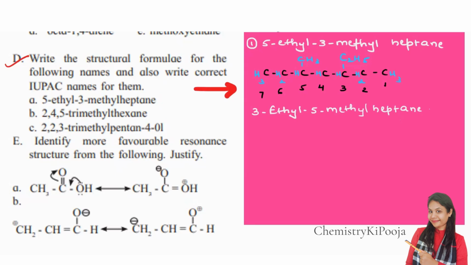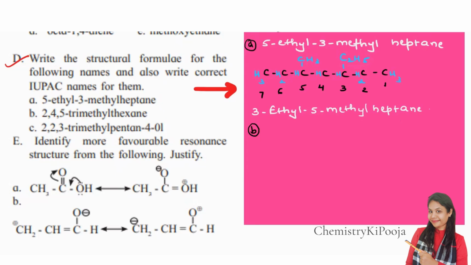And everything related to the rules I have already uploaded in my detailed lecture. Kindly watch all the lectures. Now let us proceed ahead with question number B. Okay, this was question number A.